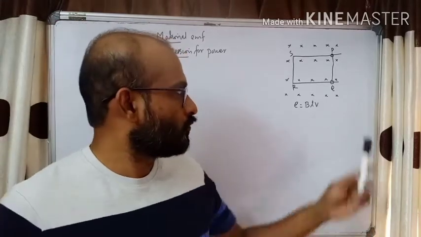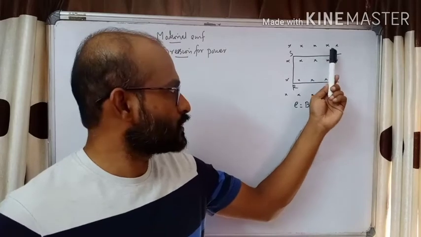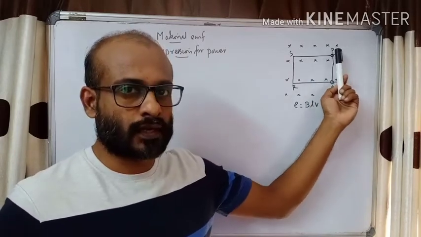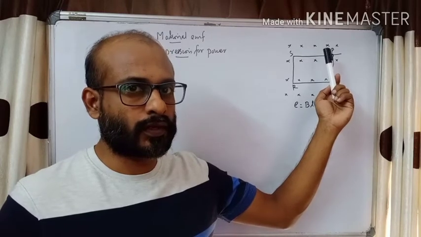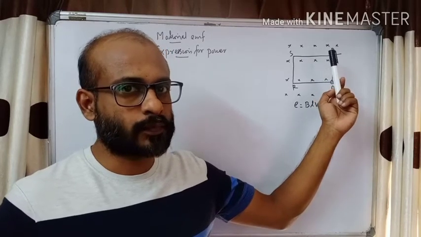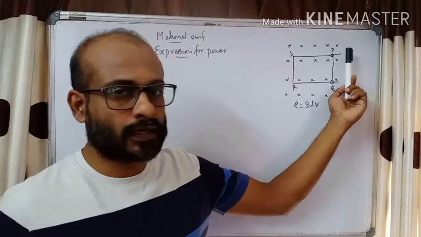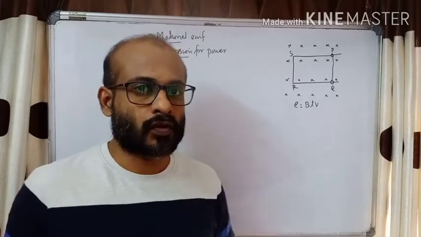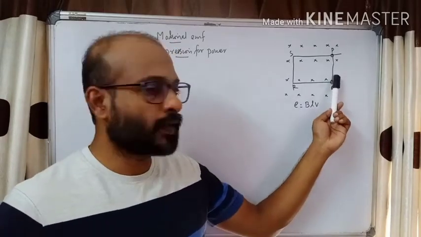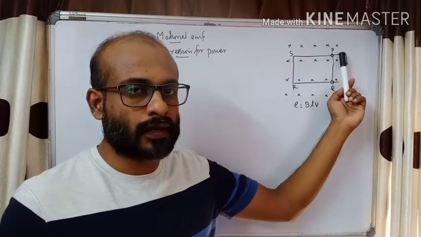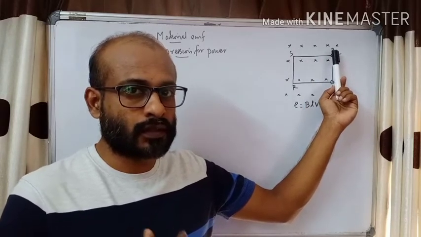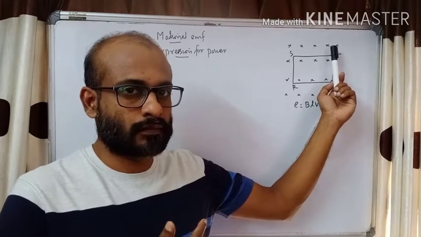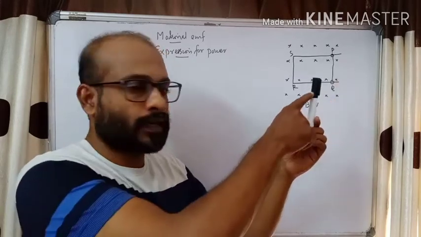Power means, when we move the conductor, see, the side PQ is movable. When we move the conductor, there will be EMF induced. Then we need to spend some power for moving the conductor inward, because now it will be a current carrying conductor if it is a closed circuit. Current is produced by induction in the conductor.